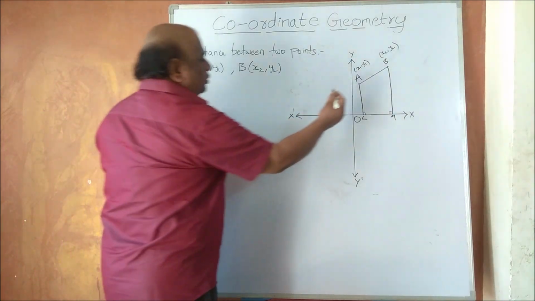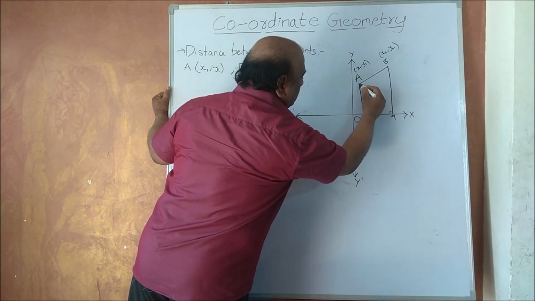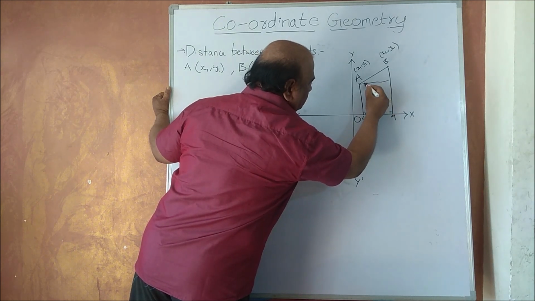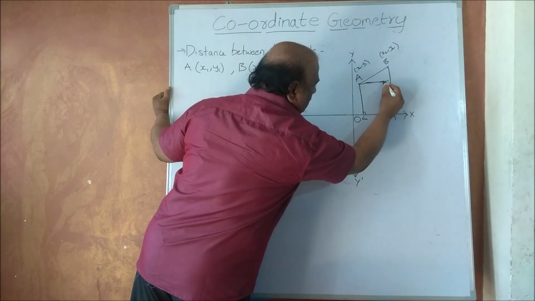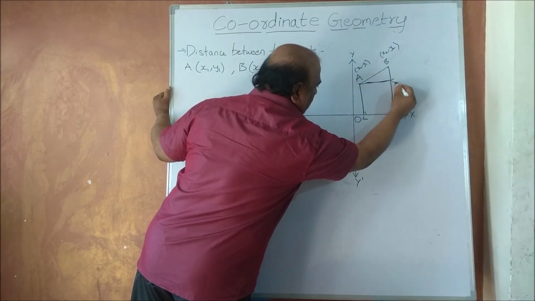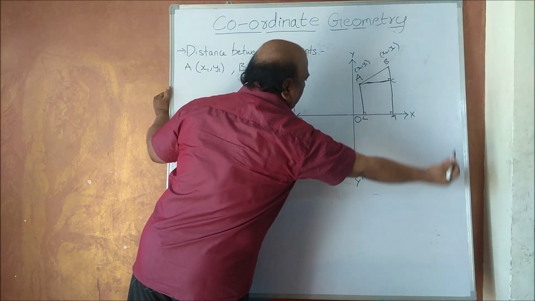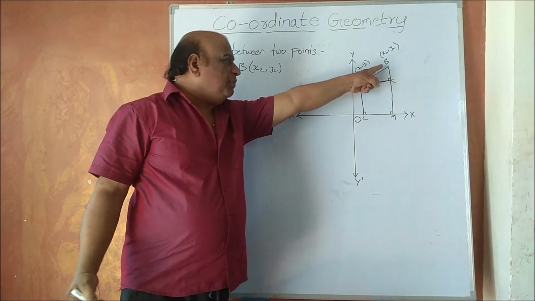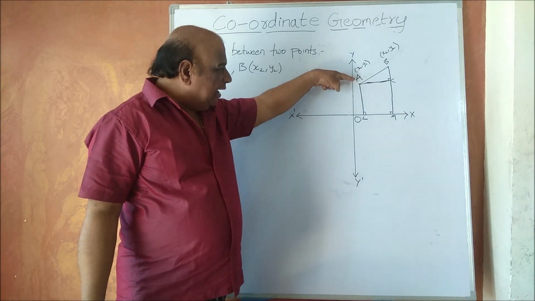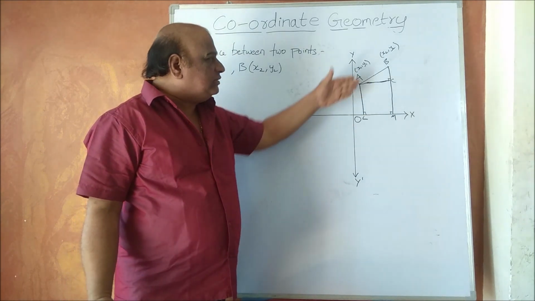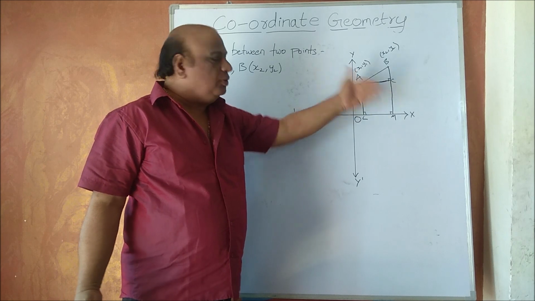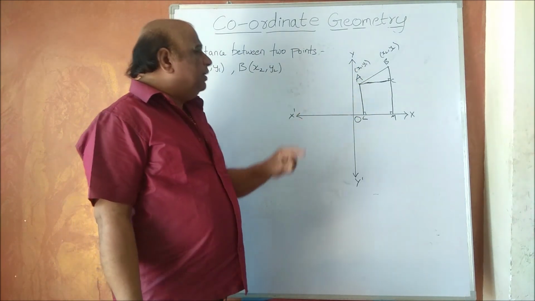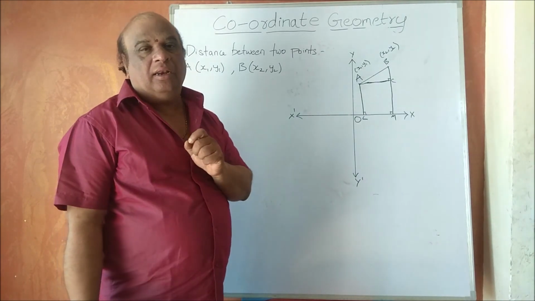Next, you draw one more line. AC is perpendicular to BM. AL is perpendicular to the x-axis. BM is perpendicular to the x-axis. Now we formed ABC, a right angle triangle.